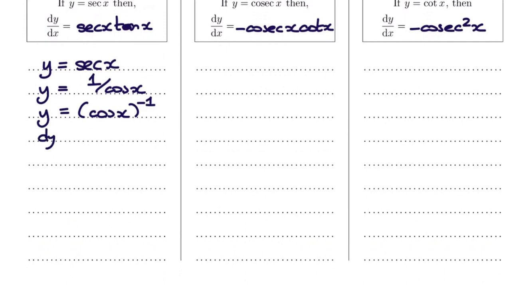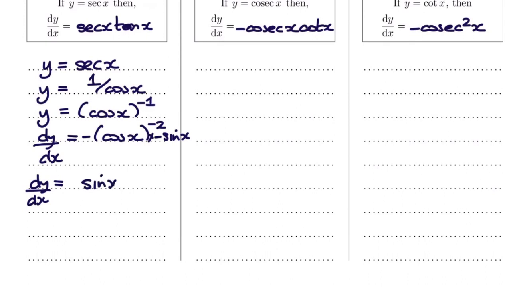Okay, so I'm going to differentiate it. So you differentiate around, so it's negative cos x to the negative 2. And then differentiate inside, so differentiate cos, that will give you minus sine x. So that's multiplied by minus sine x. So this will be dy dx equals, it's going to be sine x, so negative times negative, positive, over cos x all squared.